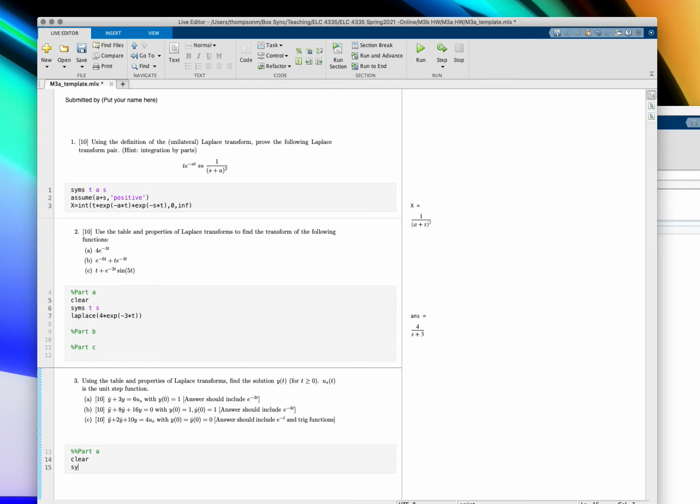So for part A here, I'm seeing a unit step, and I know that I'm going to have a t variable, an s variable, and I'm going to use capital Y. That should be enough. Then I'm going to put in equations and use the solve function to show you how to do this systematically.